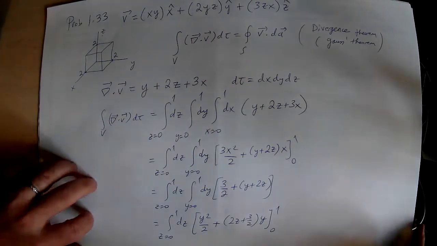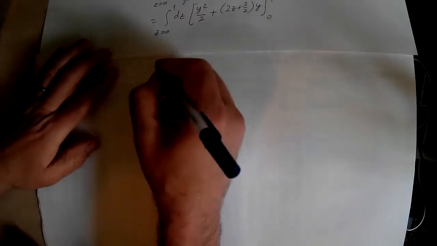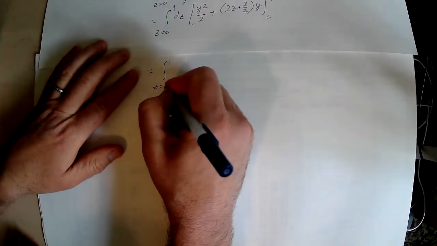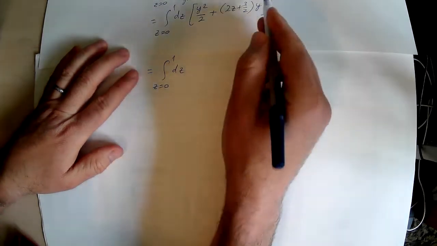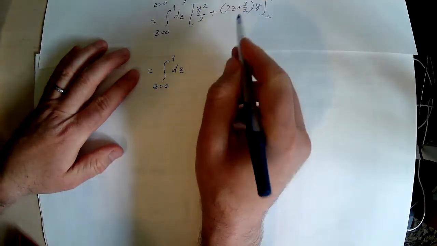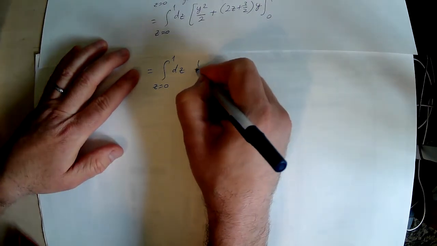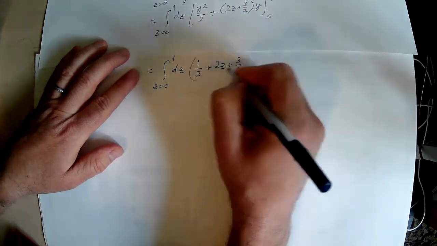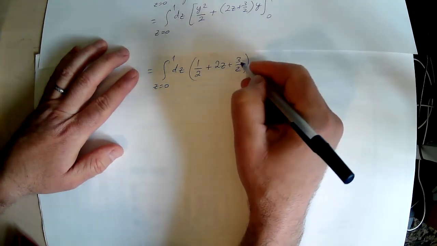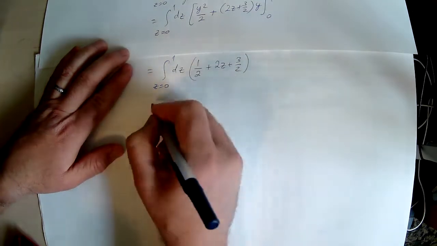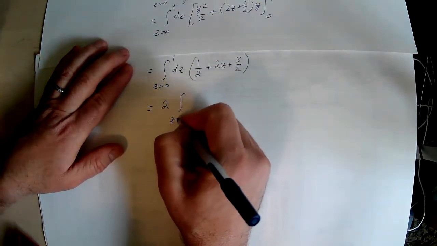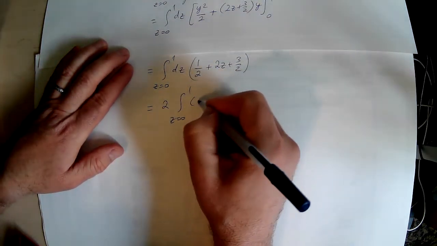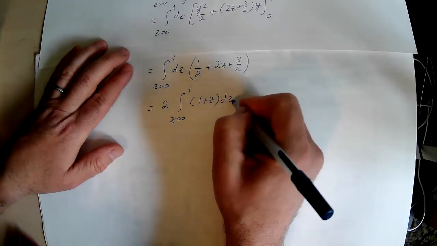Okay, so let's continue. Equals to z equals 0 to 1 dz. And I substitute 1 for all the y's. I'll get 1/2 here plus 2z plus 3/2, which is 2 plus 2z. So I can factor out a 2, z equals 0 to 1, 1 plus z dz.